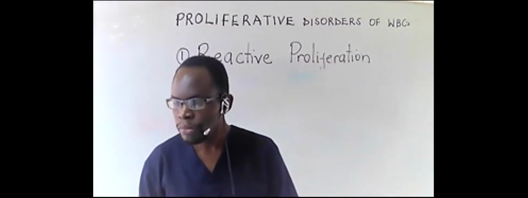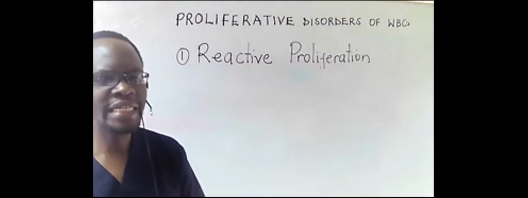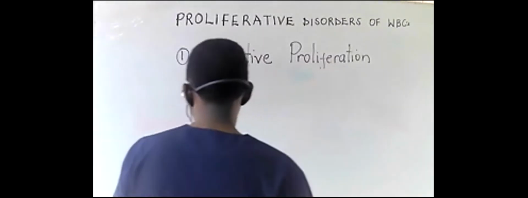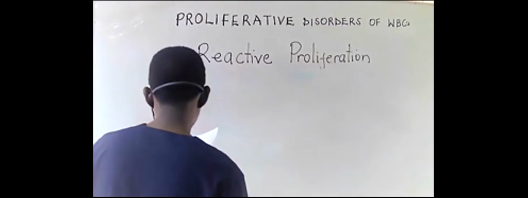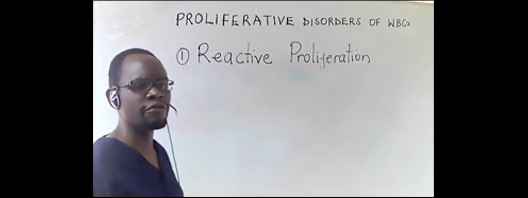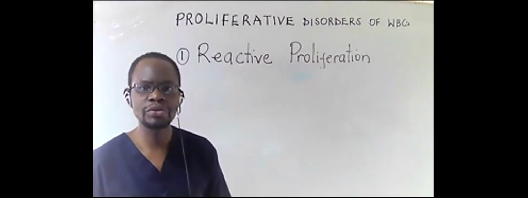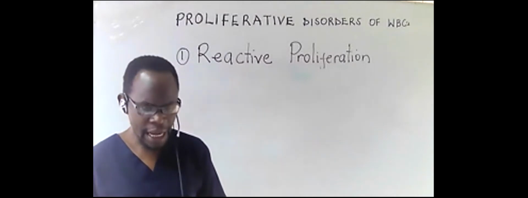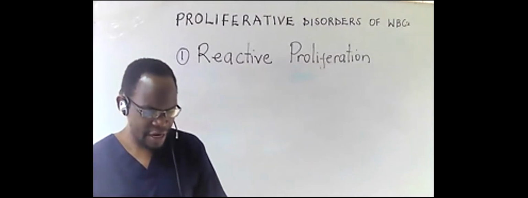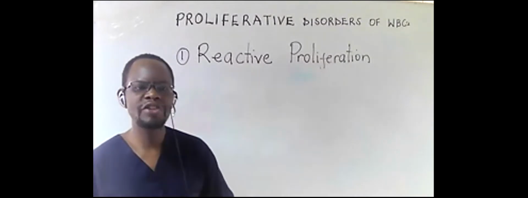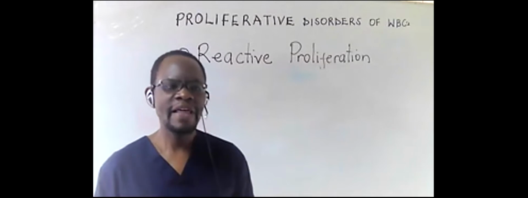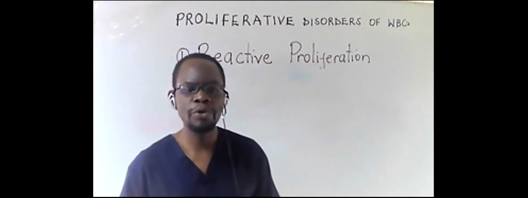Now, with reactive proliferation, basically, there is some kind of infection, as I said, or there is some kind of inflammation in the body, or there is some kind of stress that the body has to respond to.